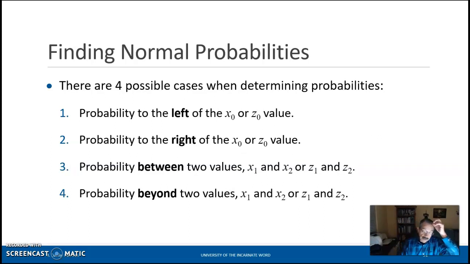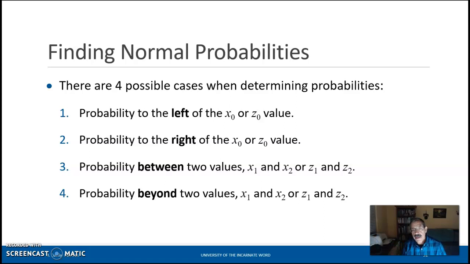All right, so when we're finding probabilities, we're going to find several possible cases. Some problems will ask you to find the probability that the variable is less than some value, that is, to the left of some value. Or they may ask you to find the probability that the random variable is larger than some value, which means the probability to the right of that value.